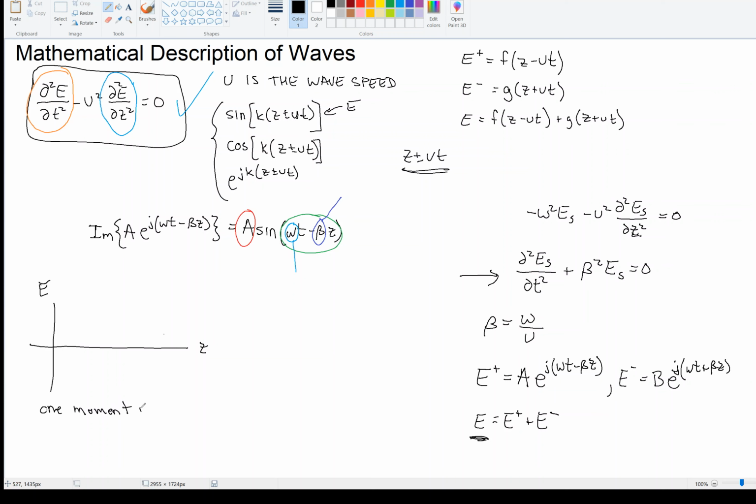And then we could plot what the sine wave looks like. So we pick our favorite value of t and plug it in here, maybe 0. And then we would make a plot of a sine of negative beta z. It depends on what value of t we chose, but it would look something like this, a sine wave.